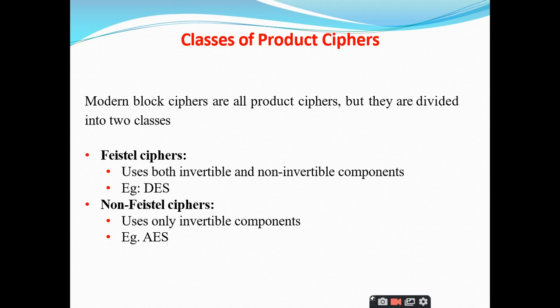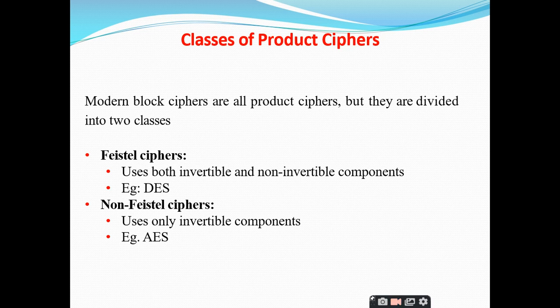And how we define non-Feistel ciphers is that those ciphers make use of only invertible components. So if you are going to use only invertible components, we call it the non-Feistel cipher, and a very good example for non-Feistel ciphers is AES, right?